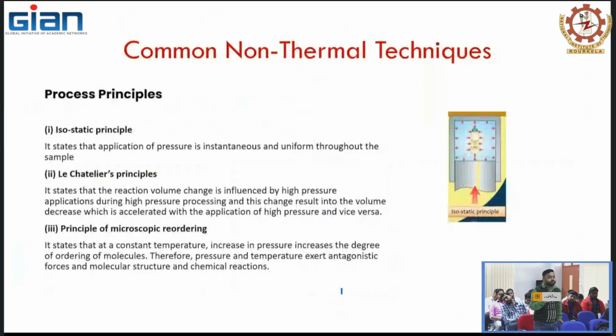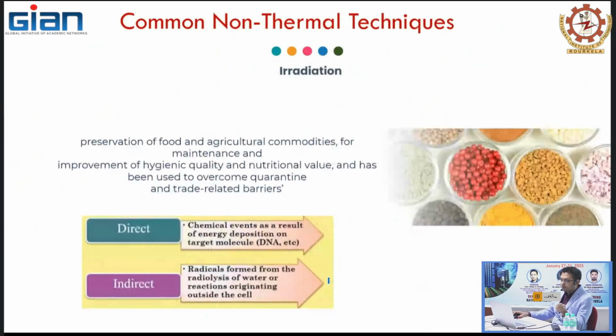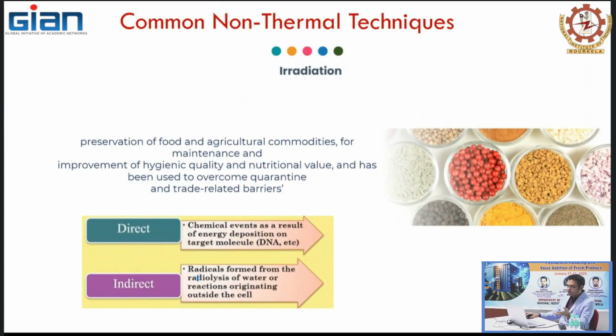Mostly the food components have water molecules. Using irradiation, we radiolyze the water first, and the cell or the DNA is separate, outside the water molecule.